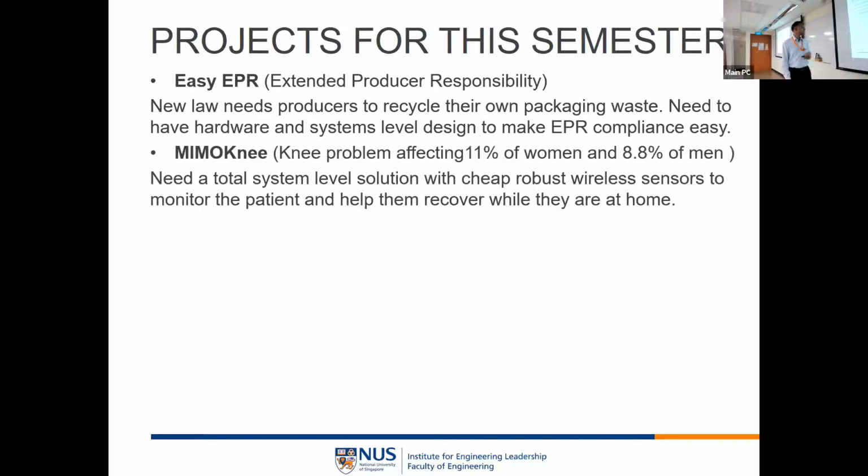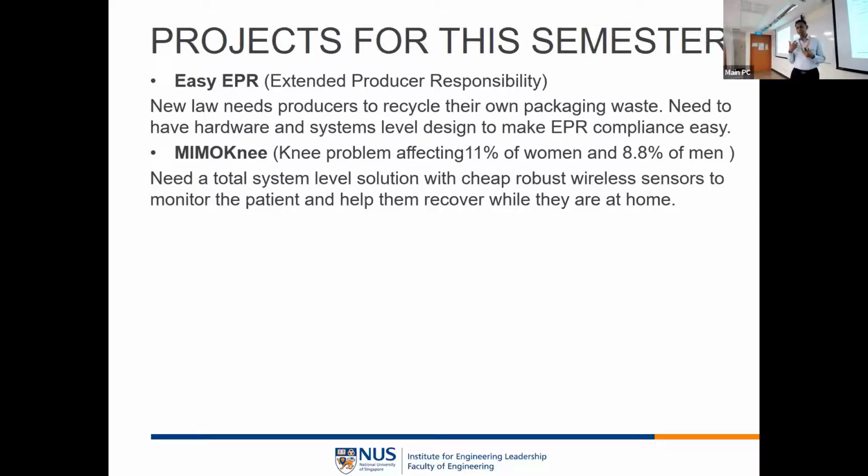Next project is about knees. This comes from 2 doctors, one with Tan Tock Seng Hospital, another with NUH. They have looked at this whole issue of knee problems in the elderly, particularly women. In Singapore, as you can see from the numbers, 11% of women and nearly 9% of men have a problem with knees.